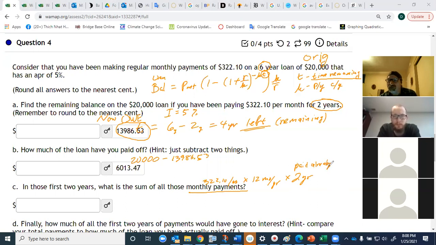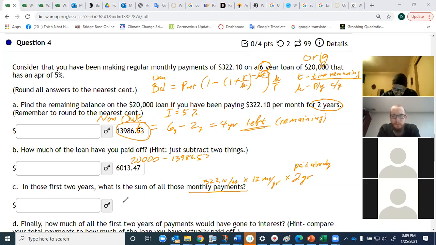Now, some of what we paid went to principal and some went to interest, right? The first thing they do out of this $322 is take money out for their interest, and then they apply the remaining amount to the principal. So if we do that under calculators, 322.10 times 12 times 2, it's 24 payments.